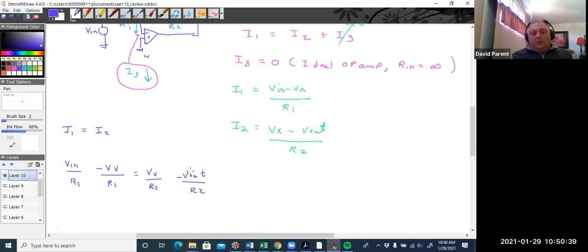Now, it might look like I'm a bit stuck here. I don't know Vx and I don't know V out. Okay, that's okay. Because just like I had a relationship that told me what I3 was, I also have a relationship due to the op amp.